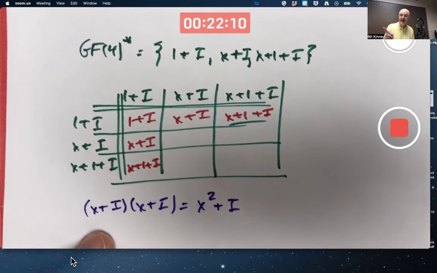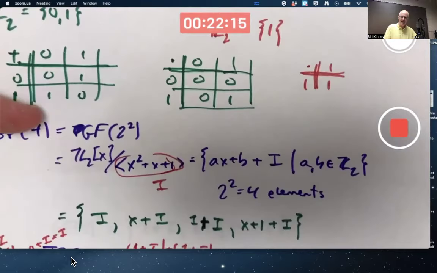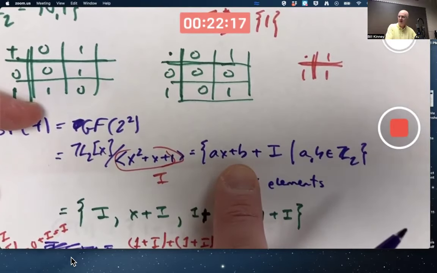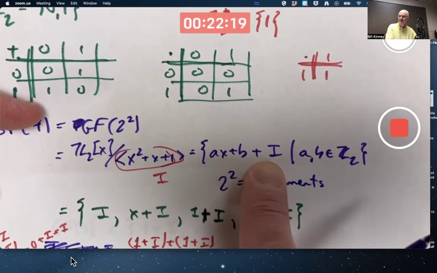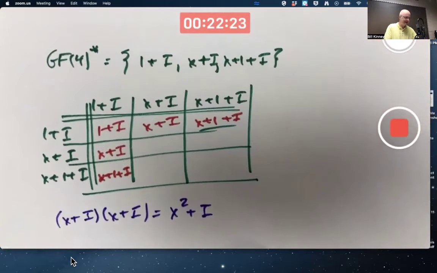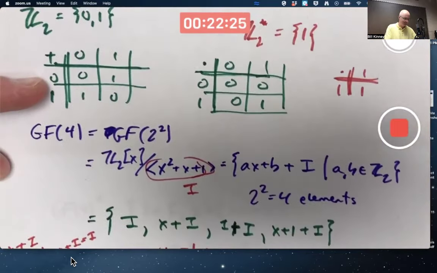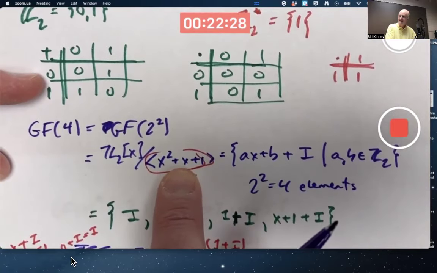And now this is getting at Anna's question. How do I know I can write elements as linear polynomials in front of the I? Right, that was your question? Because you can always simplify these things using the fact that that's the ideal.